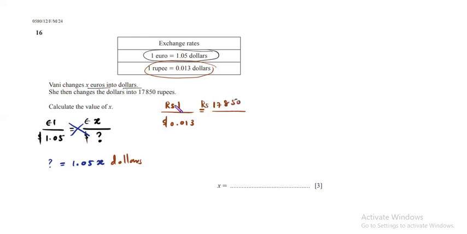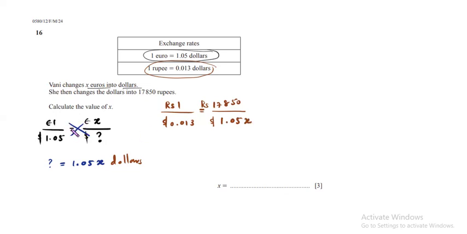So as I have written the rupees in the numerator, I need to put the same 17,850 also in the numerator, because only then both the rupees are in the numerator. Then the dollars should be written at the bottom. We know how many dollars this is, which is 1.05X dollars.